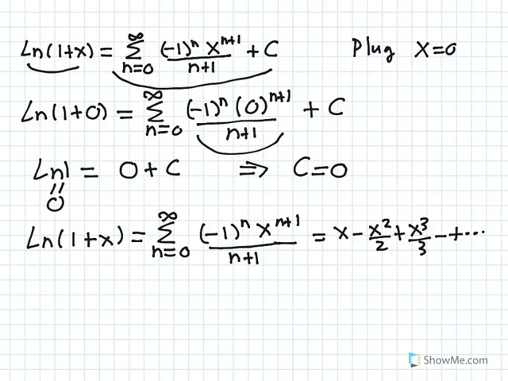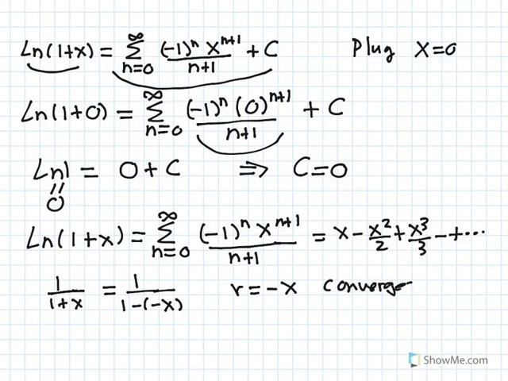Now, we know that the original series 1 over 1 plus x is a geometric series, and it has a common ratio of minus x. So that's 1 over 1 minus x, where the common ratio r is equal to minus x. And it converges when absolute value of minus x is less than 1.